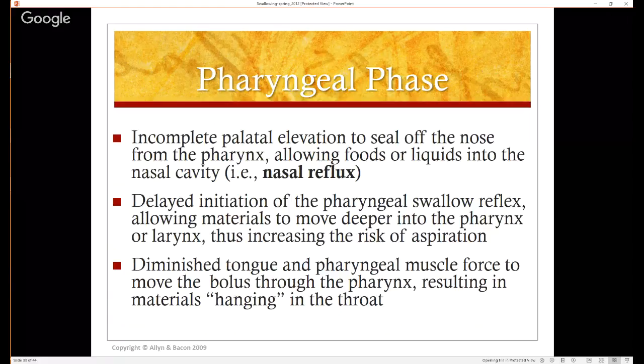And diminished tongue and pharyngeal muscle force to move the bolus through the pharynx, resulting in materials hanging in the throat. If you've ever had that happen to you, you know you'll do just about anything to get that bolus through the pharynx so that you can find some relief.